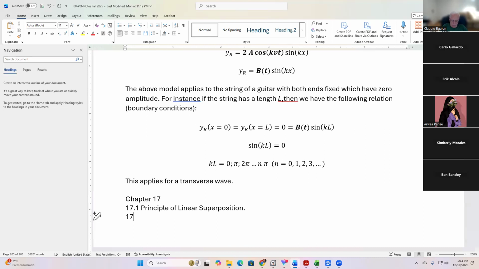17.2, constructive and destructive interference. We did that too.